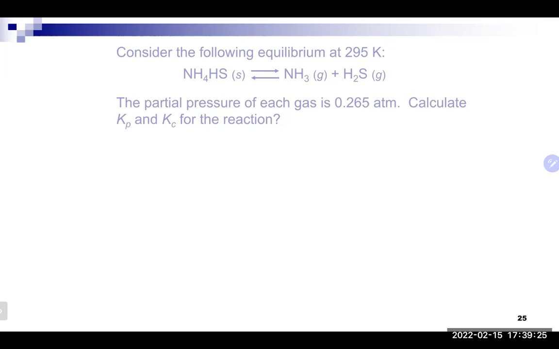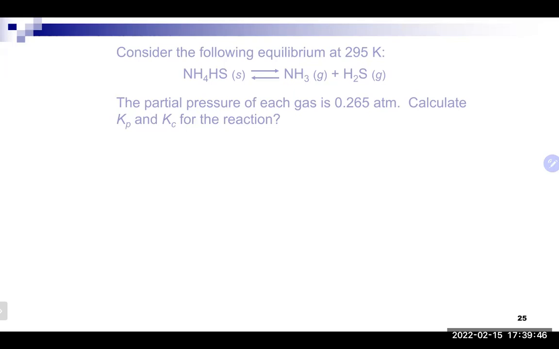In that case, remember, Δn is the number of gas molecules, and we want to do products minus reactants. R is the gas constant, which is the 0.08206 number, and T is the temperature in Kelvin. So that allows us a nice way to go from Kp to Kc and vice versa.